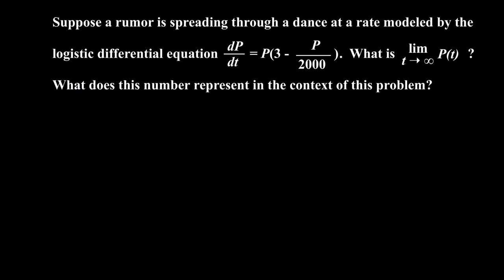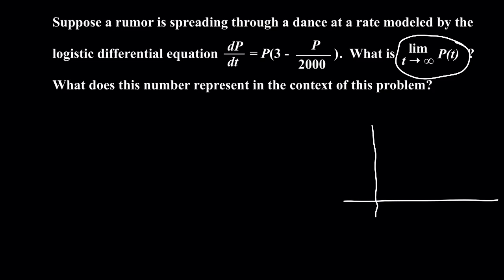So the last problem here says, suppose a rumor is spreading through a dance at a rate modeled by the logistic differential equation right here. What is the limit as t approaches infinity of P of t? So once again, anytime they're asking for the limit as t approaches infinity in logistic problems, you've got to think, what happens as your graph goes to infinity?